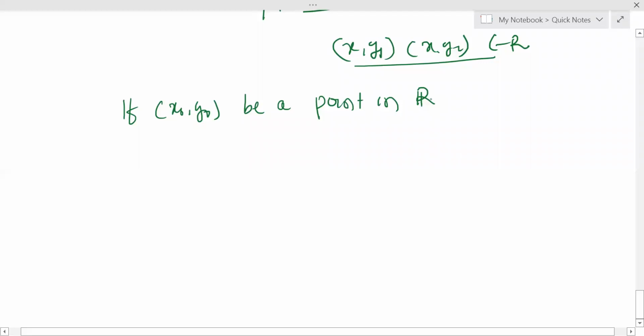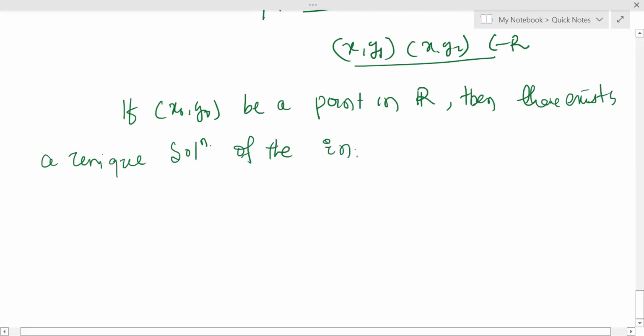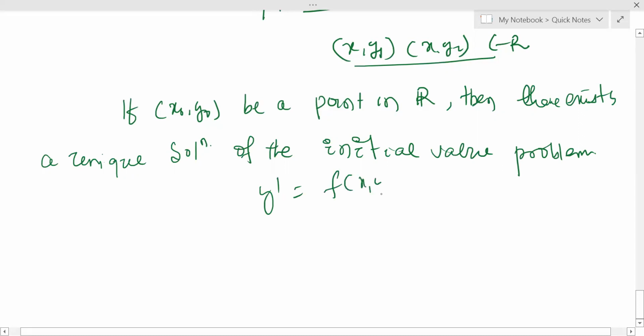then there exists a unique solution of the initial value problem y' = f(x, y), y(x0) = y0.